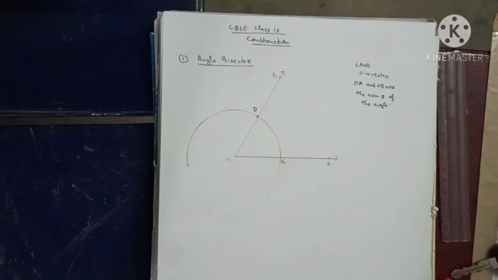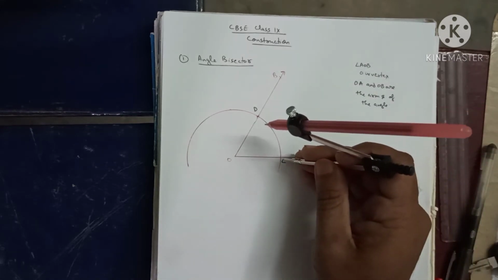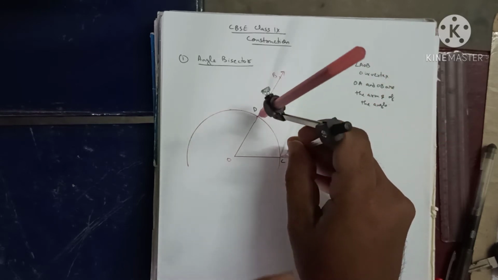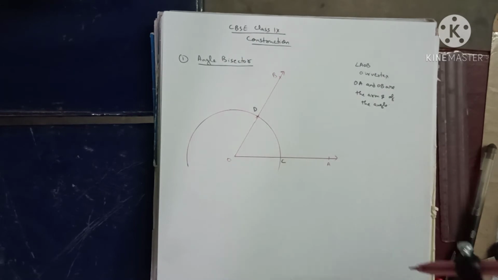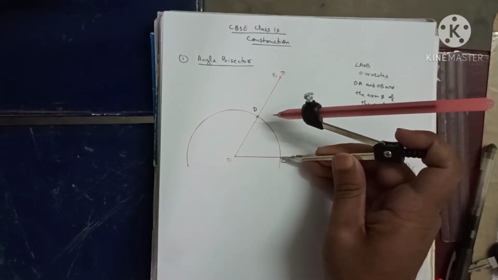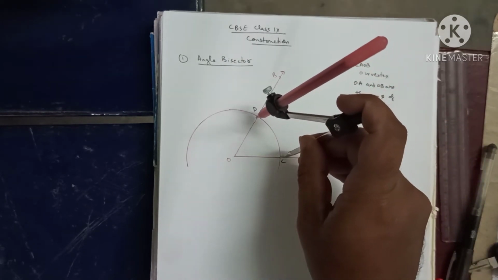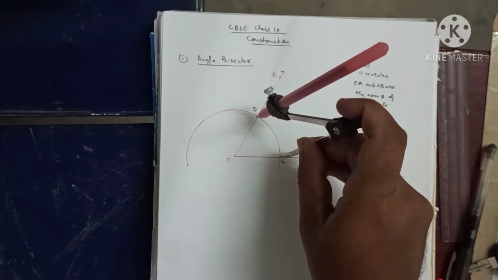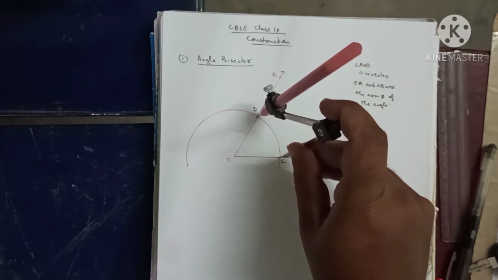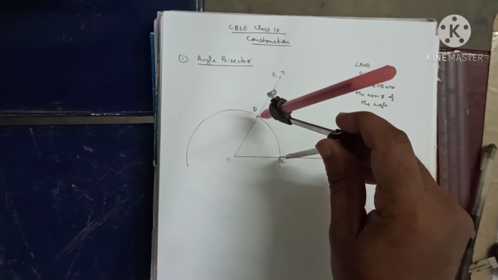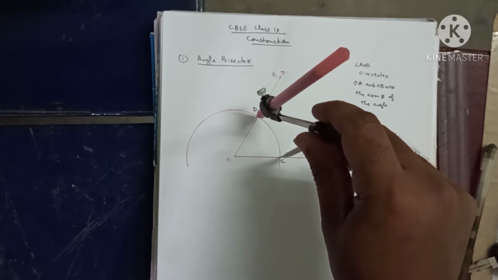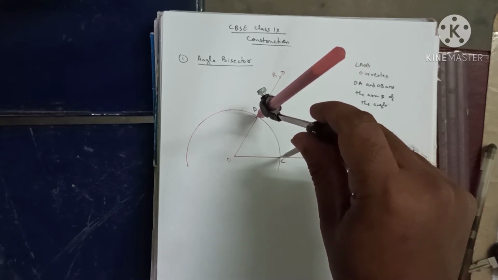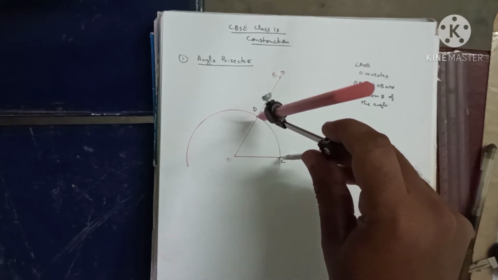Now you will measure the distance between C and D, and you have to take a radius more than half of CD. More than half of CD means it can be greater than half of CD, or it can be equal to CD also, but it should be more than half of CD.